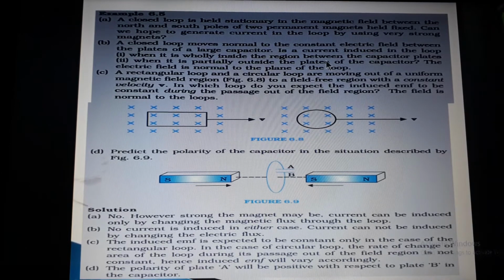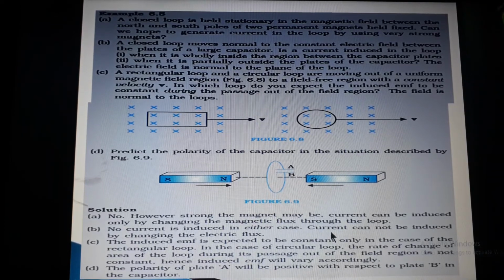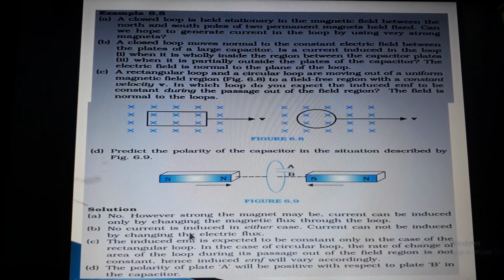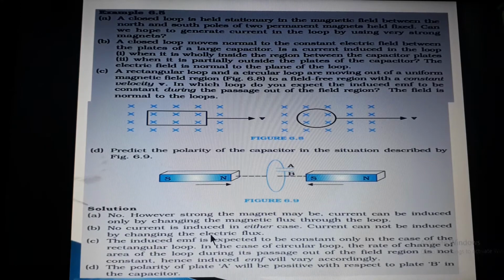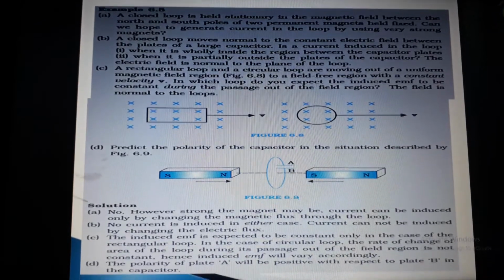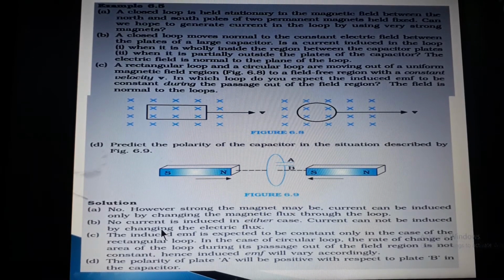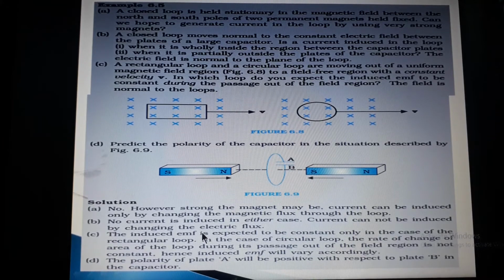Here again no current flows, because current cannot be induced by changing the electric flux. In this example, in part B, the electric flux is changed and still no current flows. Fine. So this is the solution of B.